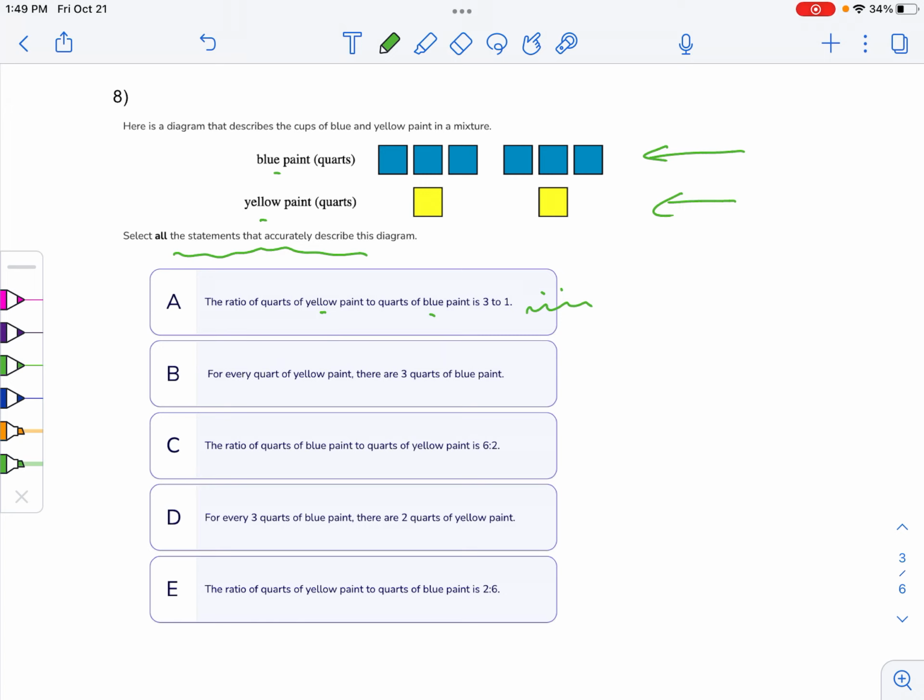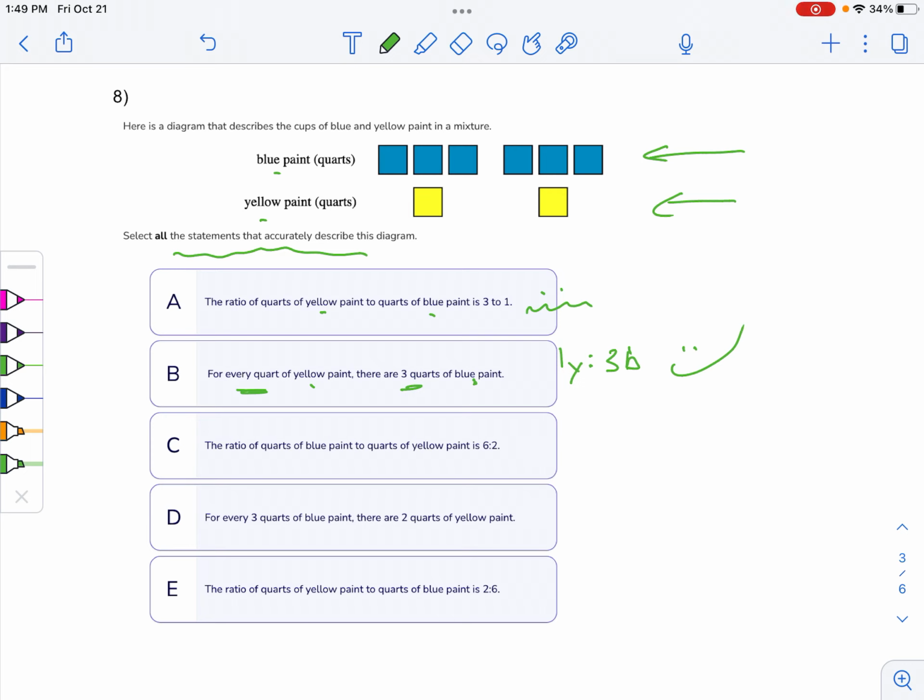It's 1 to 3. Okay, I'm watching the order on this one. Yellow to blue. Every quart. So 1 quart. So this is saying 1 yellow to 3 blue. Is that true? That is true. Notice I'm trying some strategies so I can keep track. I'm watching the order and I'm watching the numbers.